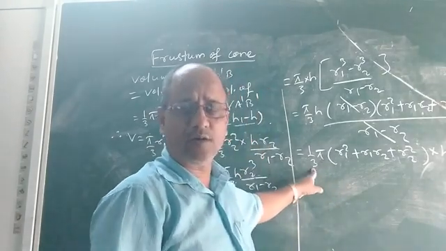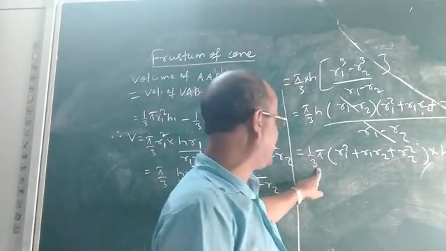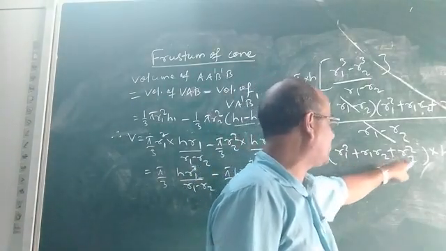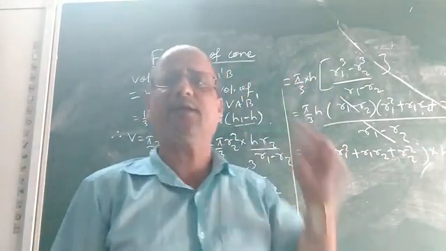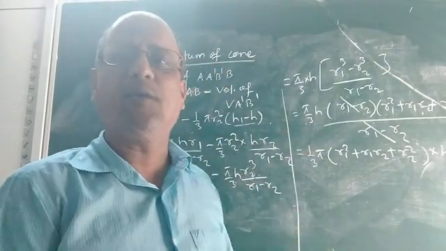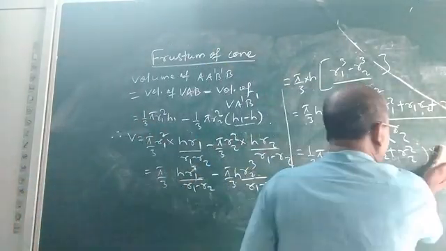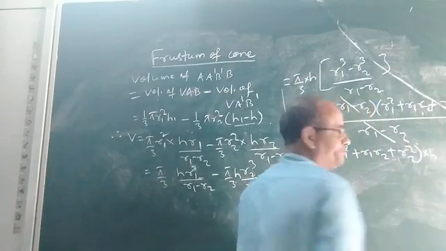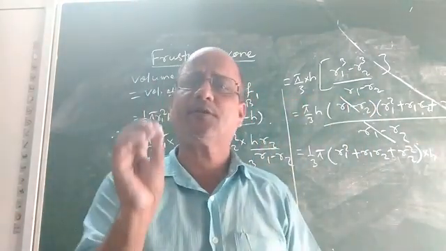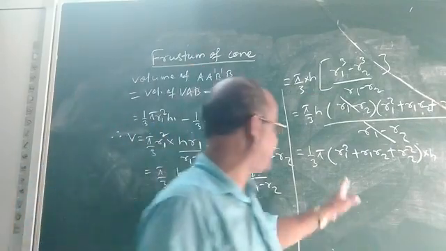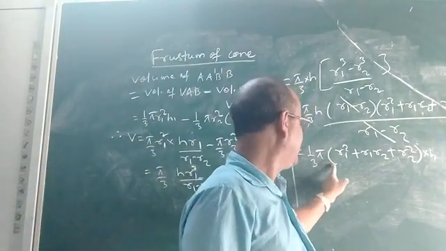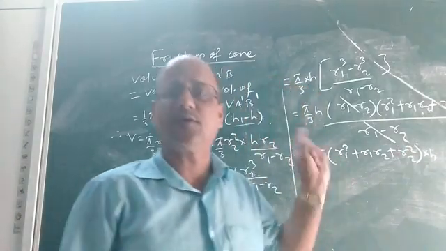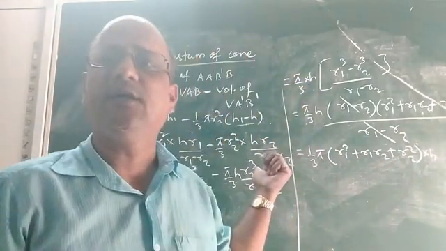This will be the volume of a frustum of a cone, 1 by 3 pi into r1 square plus r1 r2 plus r2 square into h. You see, what we discussed in the last class, how to find the volume of a frustum of a cone, is given by the expression 1 by 3 pi into r1 square plus r1 r2 plus r2 square into h. It was discussed in the last class and here we derived it.